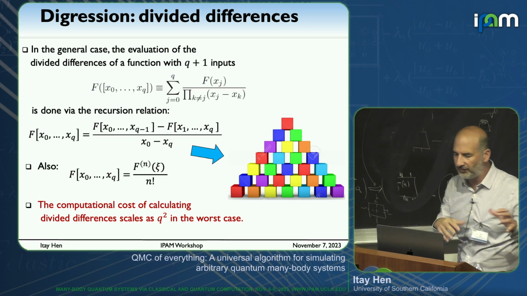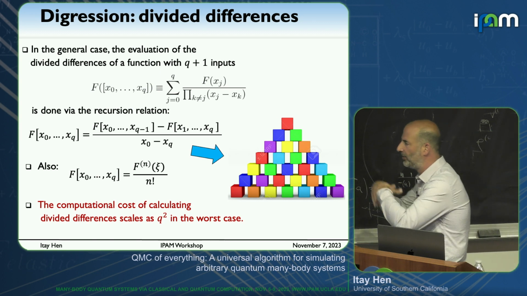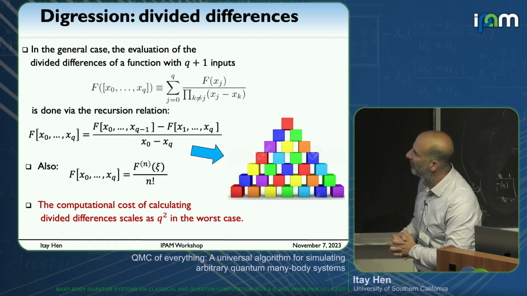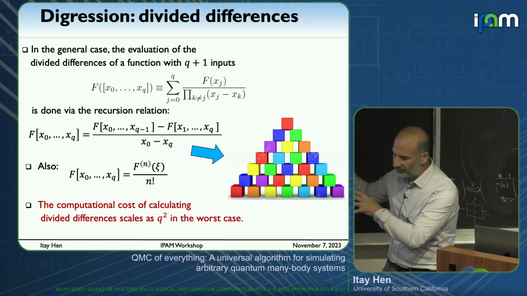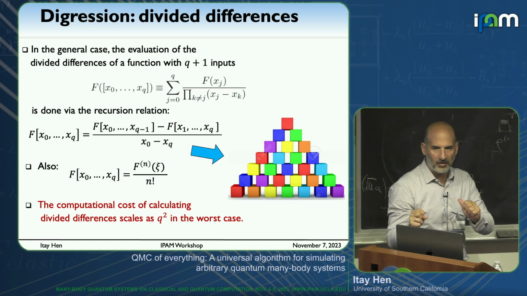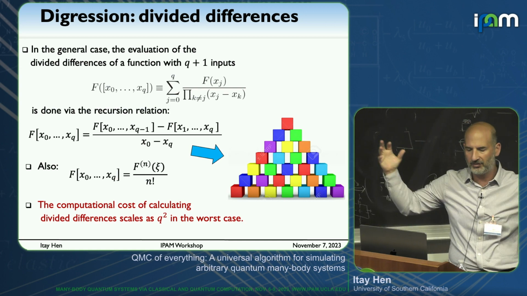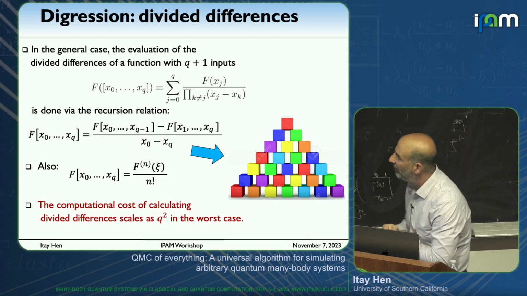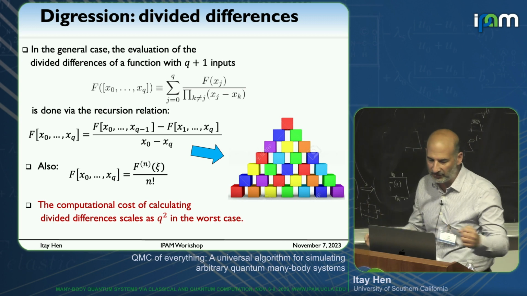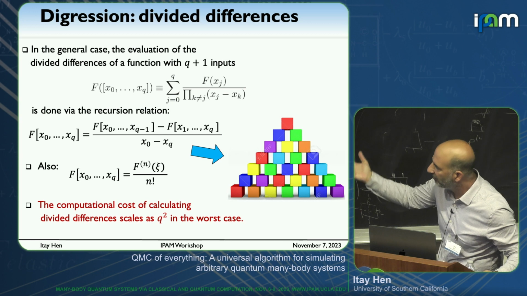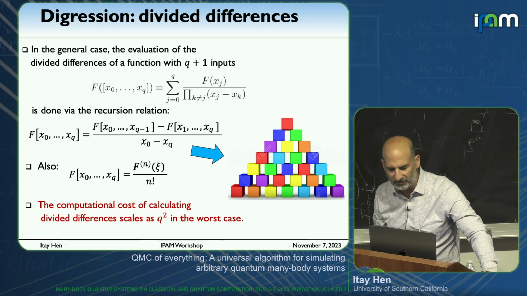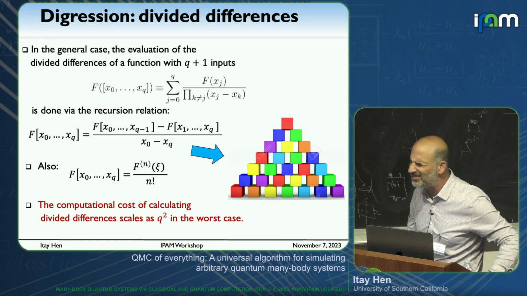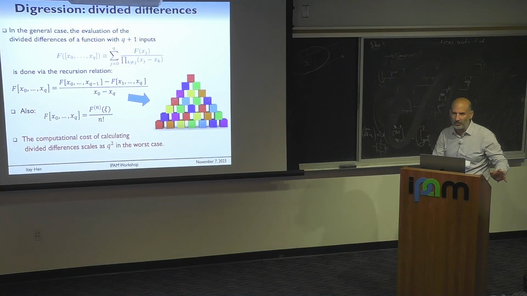The function itself, in our case, is e to the minus beta, but divided differences in general are more general than that. This is just to convince you that I'm not replacing a very large sum with something that is very difficult to calculate. In fact, we have shown that you can calculate this very easily; the worst case is quadratic in the number of inputs, but normally it's linear. We'll not go into that.